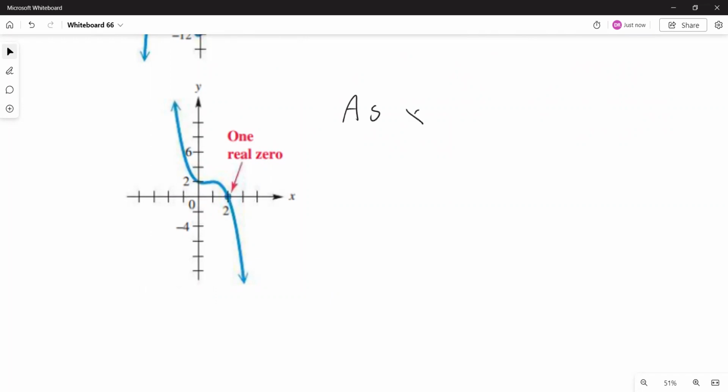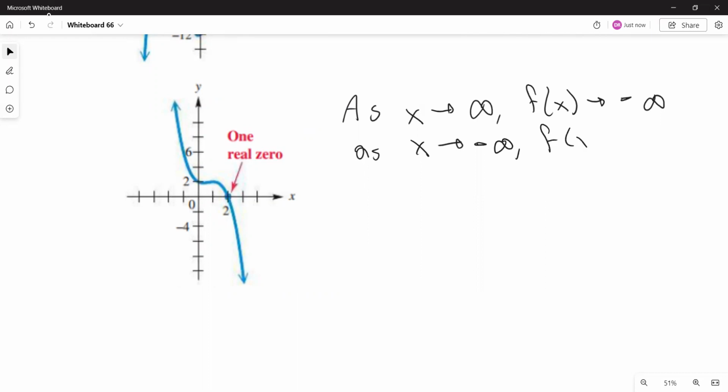As x approaches infinity, f of x approaches negative infinity. So the graph falls to the right. And as x approaches negative infinity, as x moves in the negative direction, y increases. So f of x approaches infinity.